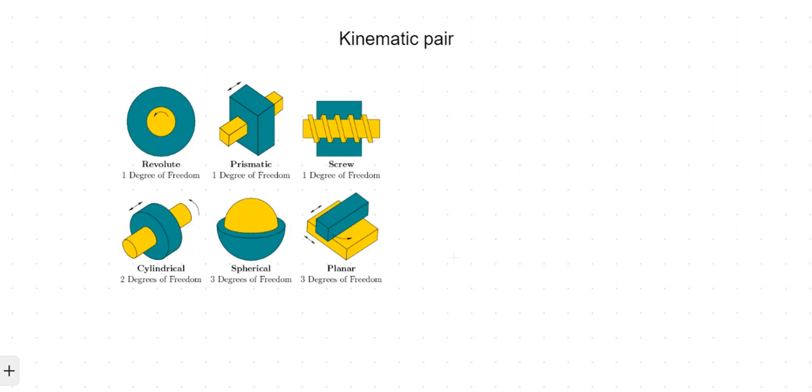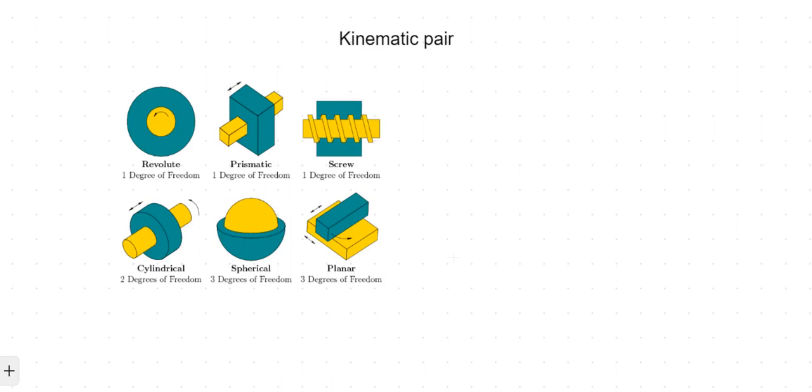The different types of kinematic pairs can be revolute, which can have rotational relative motion; prismatic, linear relative motion; and screw, which can have one rotational motion and one linear motion.